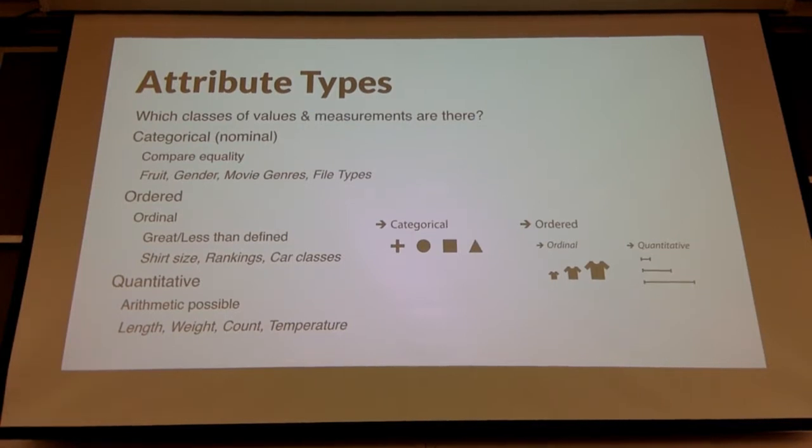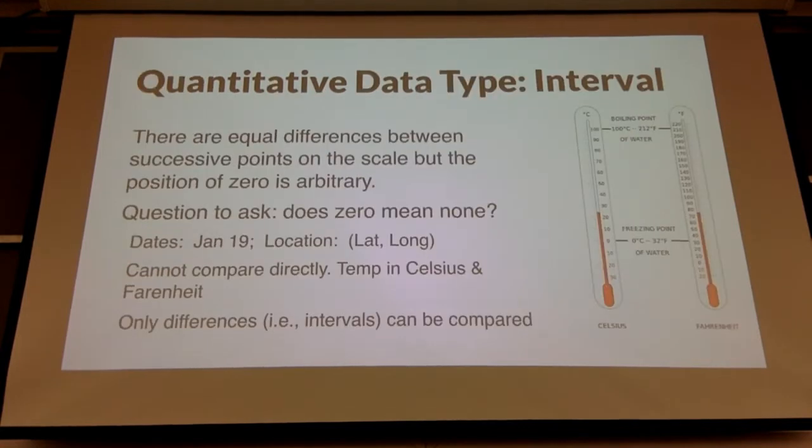And then the last class is quantitative attribute types. Here we can do arithmetic, so we can do addition, subtraction, we can actually have ratios and so on. The classical examples here are length, weight, count, and temperature. And we'll talk about subcategories, especially for quantitative, in a moment.